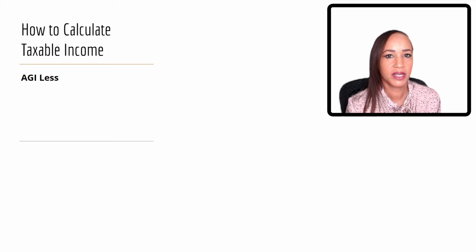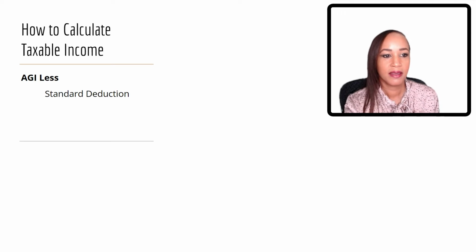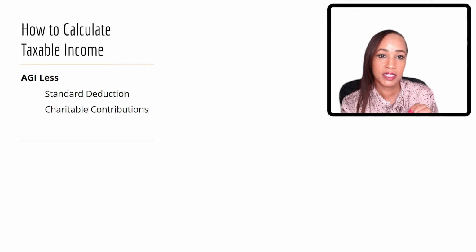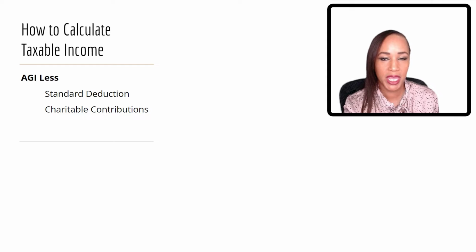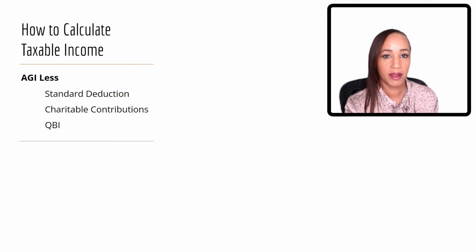Then next, we're going to look at taxable income, right? How we calculate our total taxable income is our adjusted gross income, AGI, less our standard deduction, which we'll talk about in a moment, and any charitable contributions you may have made, which is up to $300, or $600 married filing jointly, for 2021, and your QBI, or qualified business income, so your flow-through income deduction that you may be qualified for there.